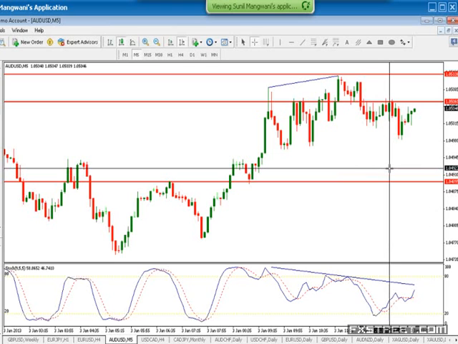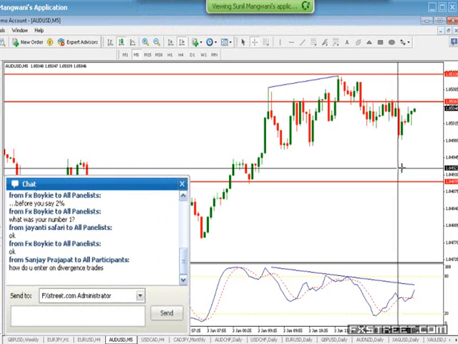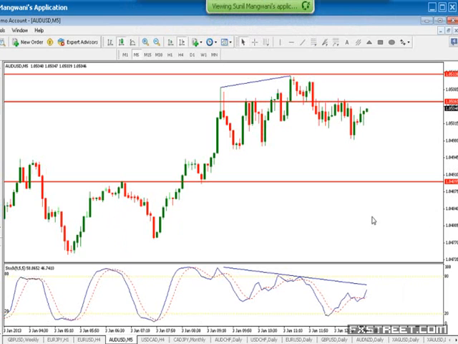How do you enter on divergence trades? Sanjay, you'll have to pay me for that. I'm just kidding, folks. The divergence techniques that we have are very, very precise. To be quite frank, I cannot just go over this and say this is where you enter, this is where you exit and this is where you put your stops, because this is part of the courses.